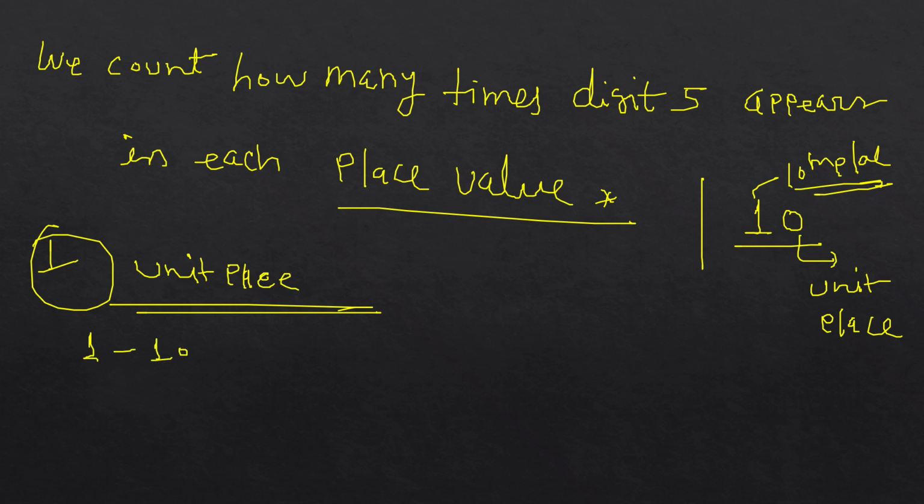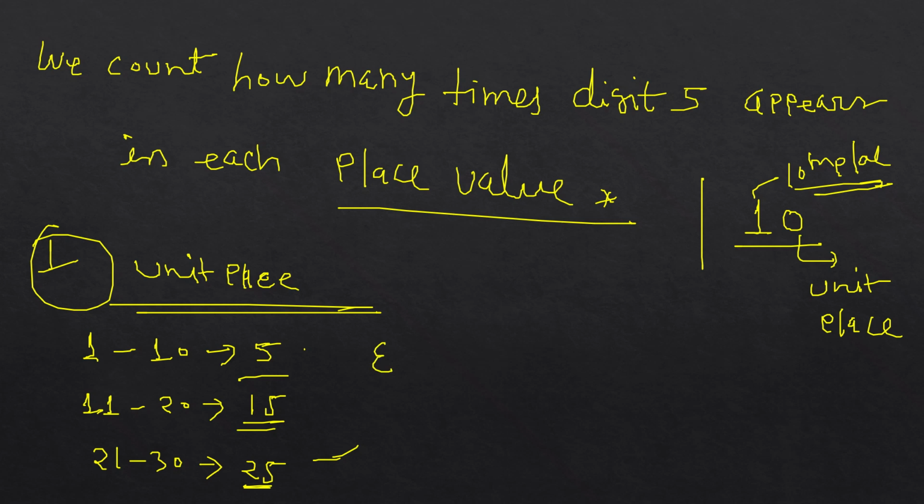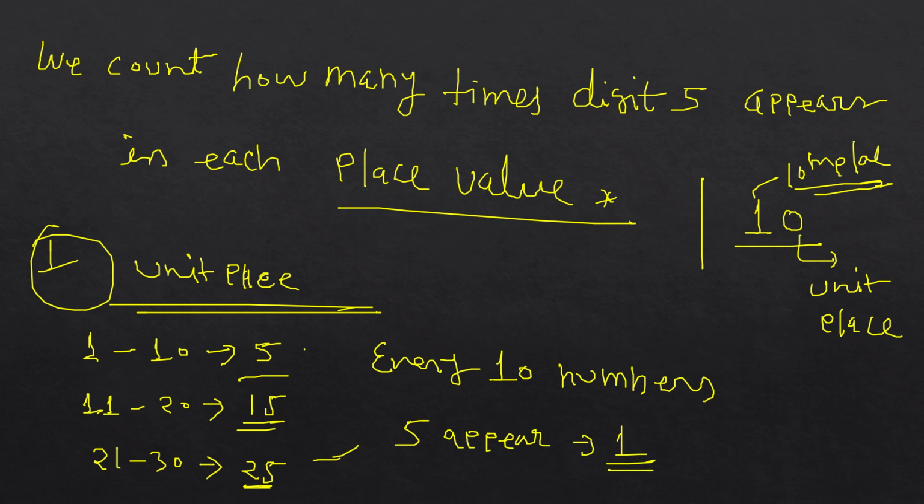Between 1 to 10, 5 appears. Between 11 to 20, 5 appears one time. In a similar way, 21 to 30, 5 appears in 25 and so on. So this is very clear that in every 10 numbers, like 1 to 10, 5 appears only one time.